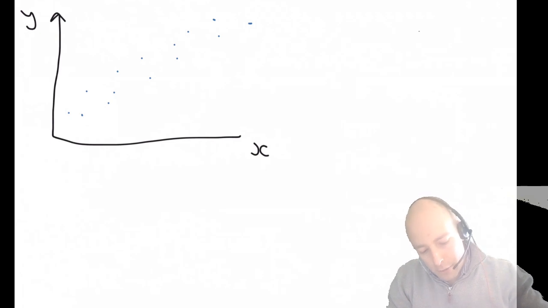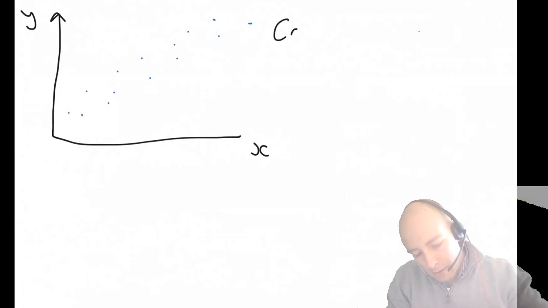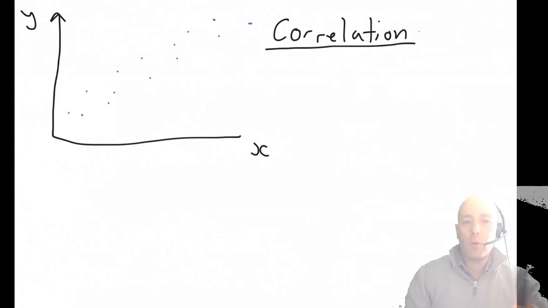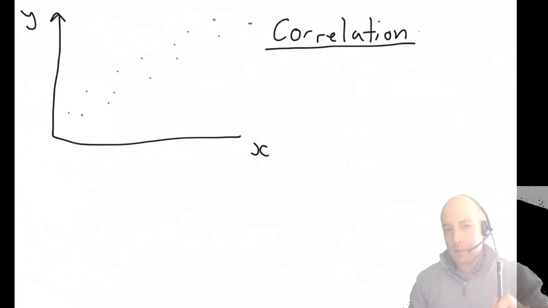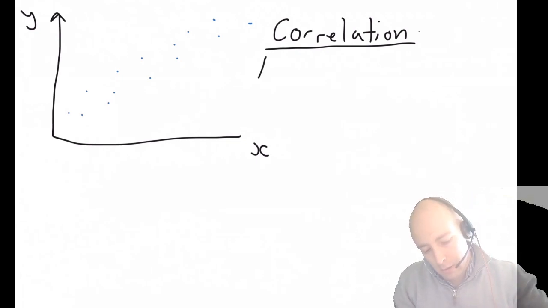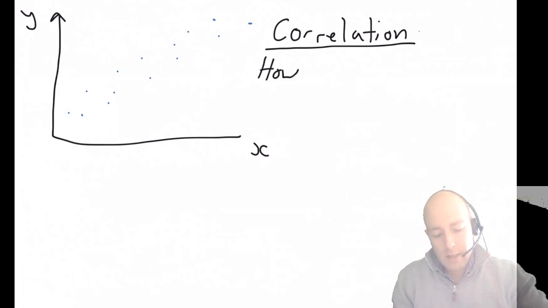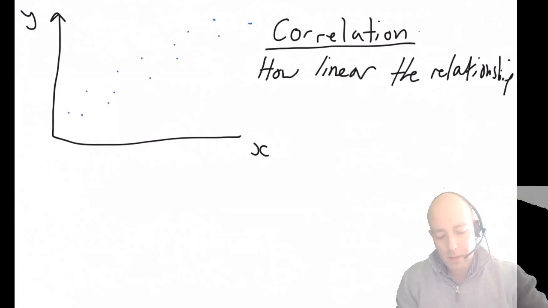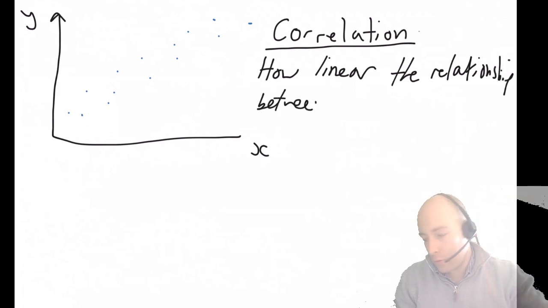And our correlation is basically a measure of how closely the graph approximates a straight line, so how linear the relationship between the two variables is.